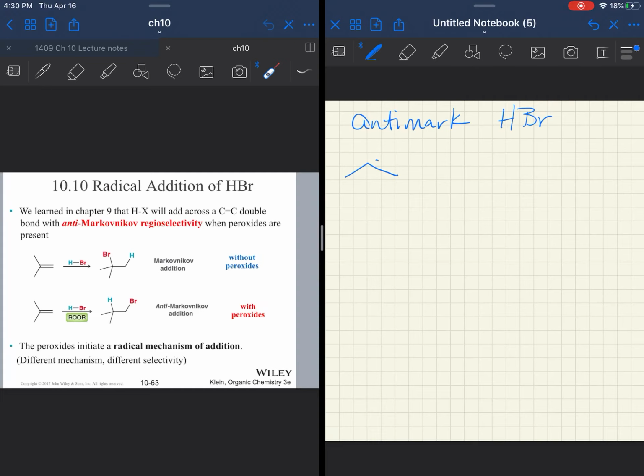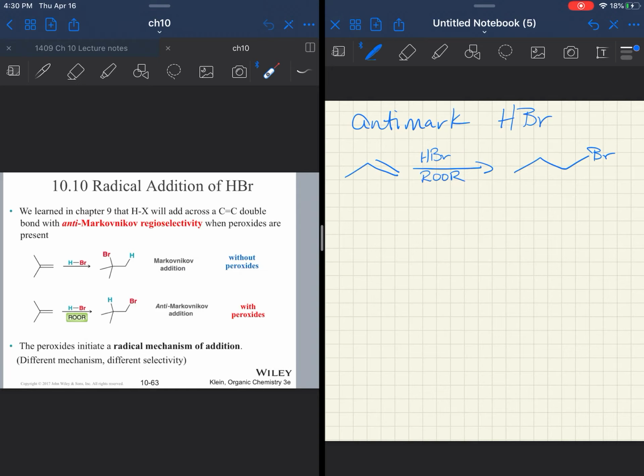So we can take this asymmetric double bond. We know that if we treat with HBr and peroxides, that we can add that bromine to the less substituted side. We skipped that mechanism in chapter 8 because it is a radical mechanism.